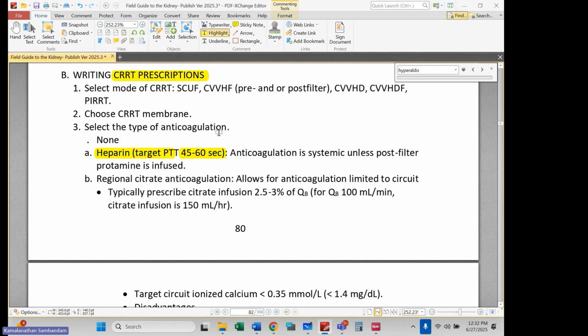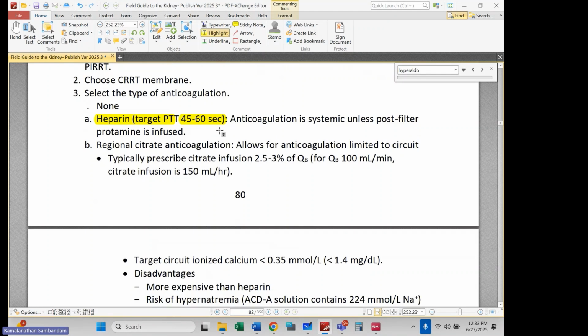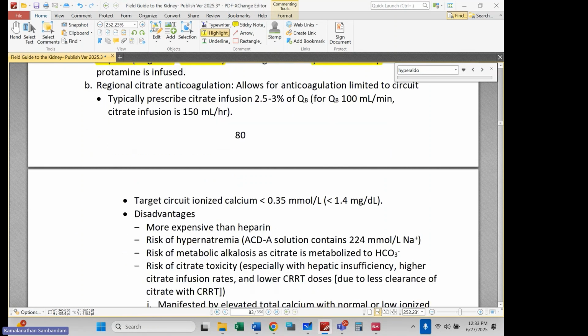People are using heparin assays now. I guess I should change this. This is old school. I didn't check heparin assays when I was a resident and fellow. We use PTTs, but we're working towards PTTs of around 60 seconds. You can go higher if you're clotting, but remember that is systemic anticoagulation. Even if you're infusing heparin in the CRT machine, that is going to your patient and they're getting systemically anticoagulated.